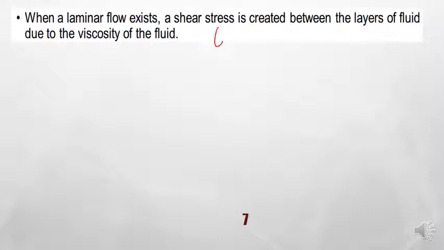Just imagine that inside a pipe, the fluid will fill up the space inside the flow. So there will be a shear stress between the fluid inside the pipe here. That's why there's a shear stress that creates the losses inside the pipe.